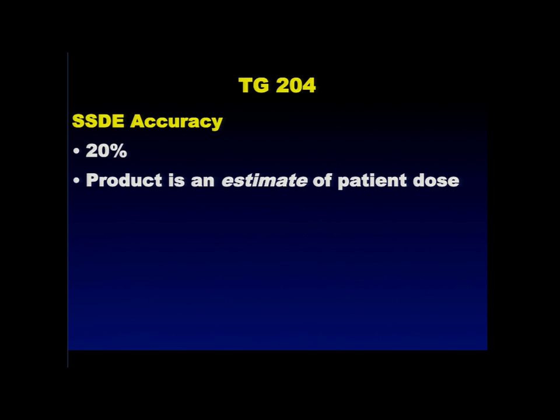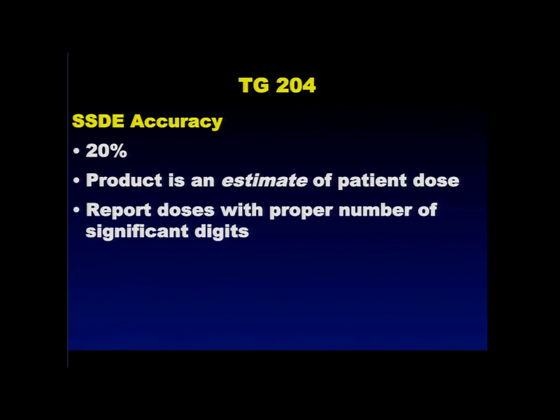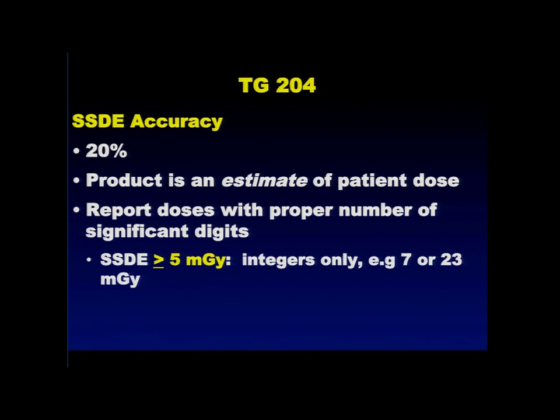I've already alluded to the fact that we believe the accuracy of the SSDE is plus or minus 20%. So again, that calculation of the conversion factor times CTDI vol is an estimate of patient dose. So since it's an estimate, demonstrate that you know that when you talk about SSDE. How do you demonstrate that?